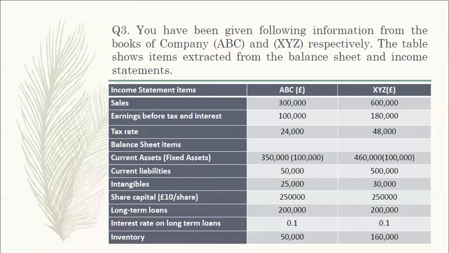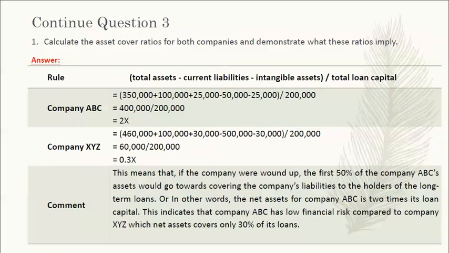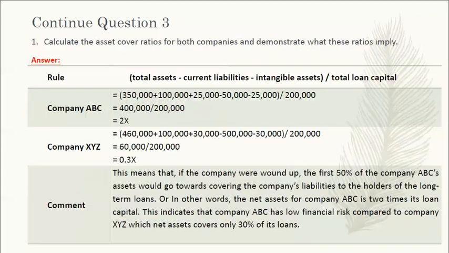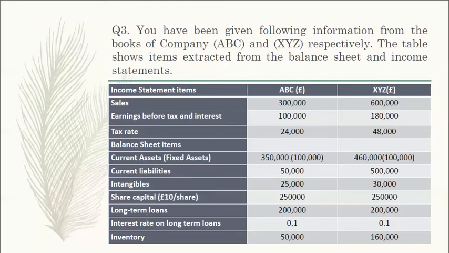Sorry, earning before interest and tax for company ABC equals 100,000. So I get the first item, 100,000. Interest: I have here interest on long-term loan 0.1, from which loan, the long-term loan, by how much? 200,000.